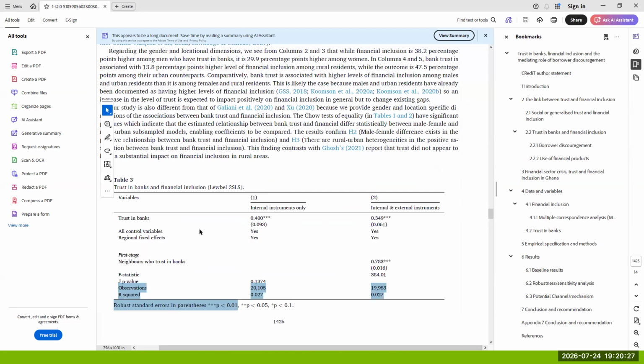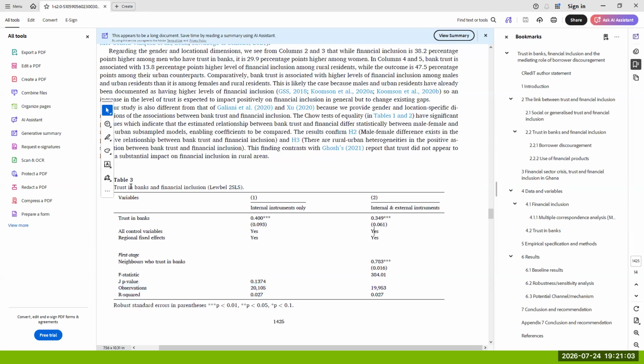This is not even my main model. This is a model I'm using for robustness check, but I still report the one for internal instruments only, and then internal and external instruments. So if there's any day where you are confused as to what to report, you can always find some of my papers. Even me, who keeps writing and reporting them, sometimes your mind wanders. So you just pick an old paper, see what to report, how to report it, and you should be fine.